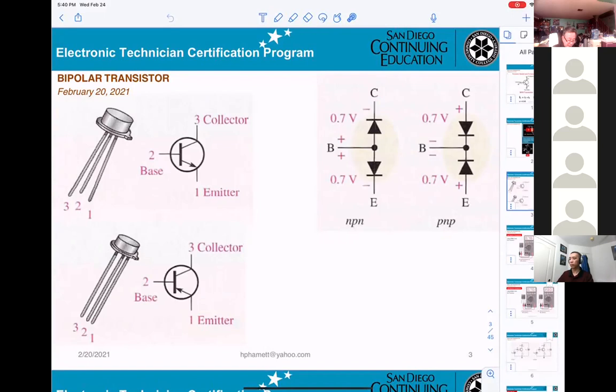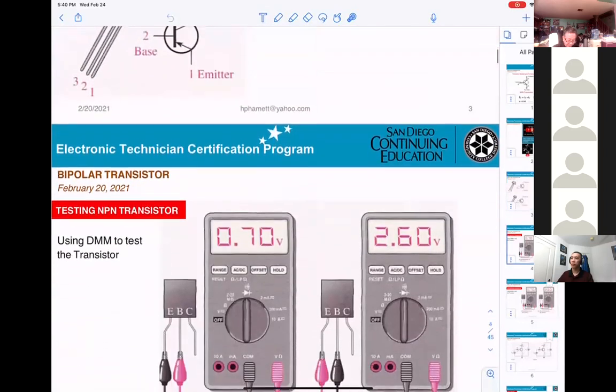And also they give you the picture here of how the transistor looks like, which one will be the emitter here. Pin 2 will be the base and pin 3 will be the collector. So when you're working, you recognize which pin is the emitter, collector, or the base.